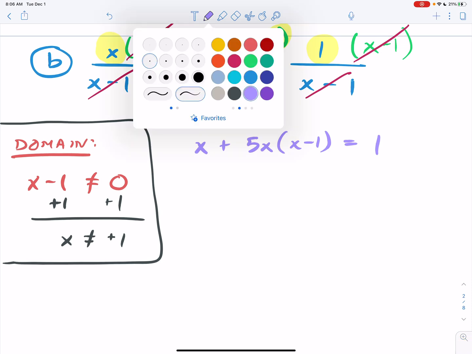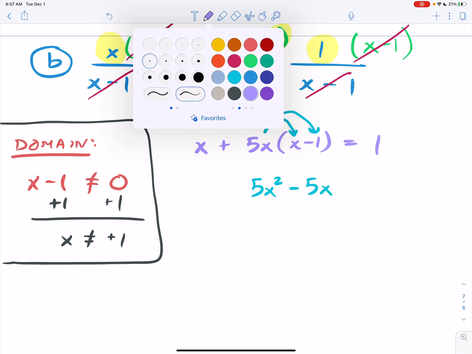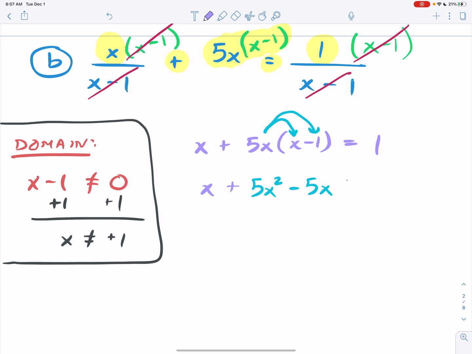Okay, so here I have parentheses, so right away I might want to distribute this 5x here, okay? So here 5x times x will give me 5x squared, and 5x times negative 1 is just negative 5x. Everything else I can bring down.